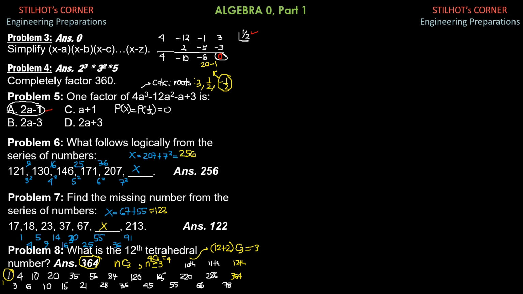So the answer is indeed 364 for that problem. But this solution is also acceptable as long as you know the principle, because you might forget to apply this formula which I described.